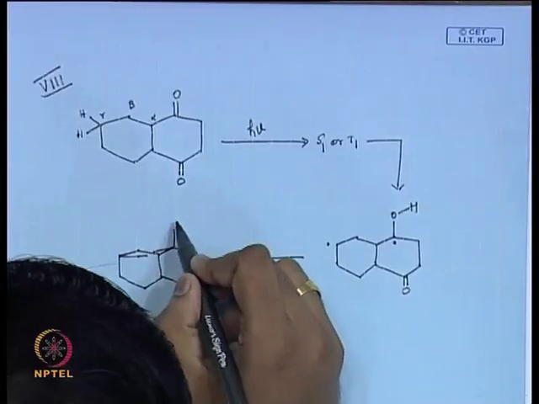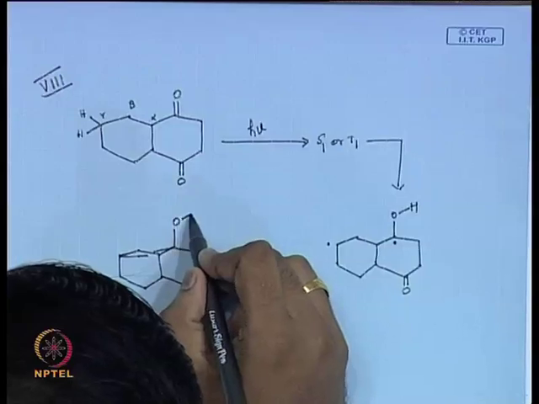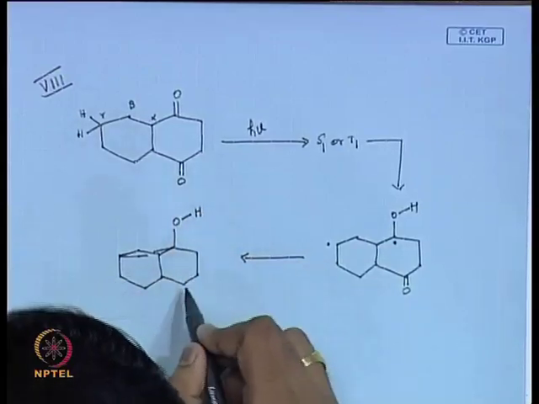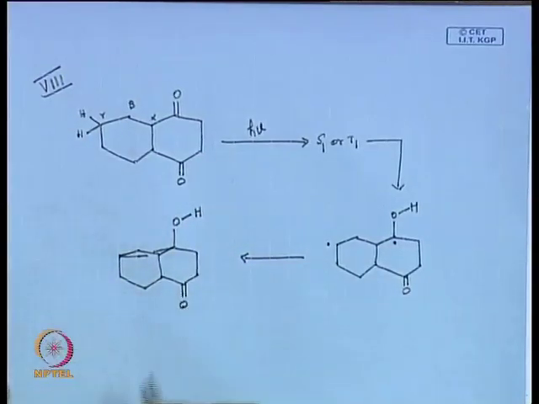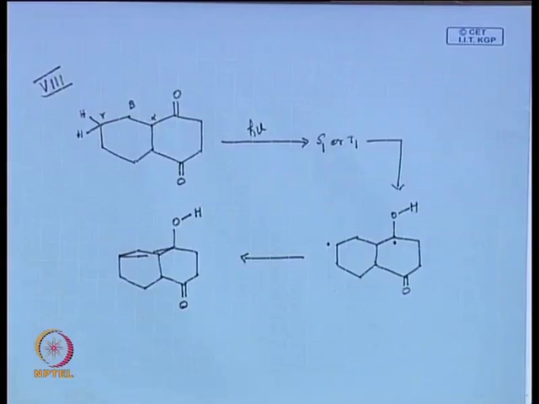So you get it like this. Basically, the compound is also not happy sitting here. The compound says that I am not so happy to sit like this. Anyhow, I cyclize, it says that I am not happy. What does it do?